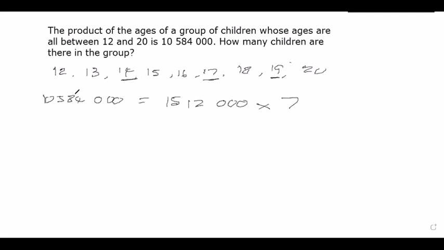So 14 will be a factor of this. So when you divide it by 14, 7 goes into 14 2 times, and 2 goes into the top, 756,000. Okay.